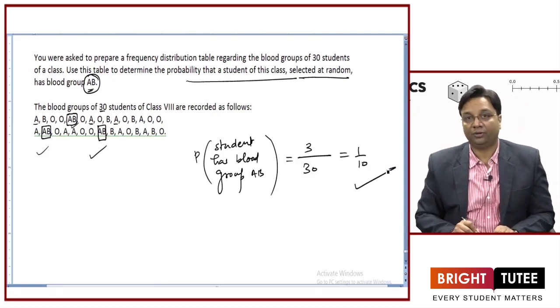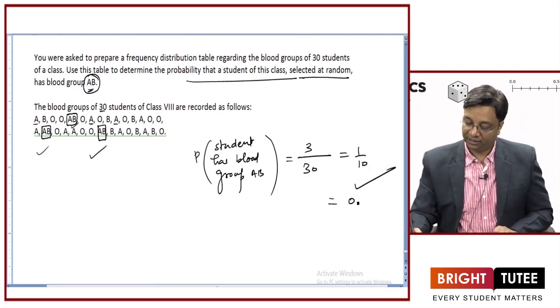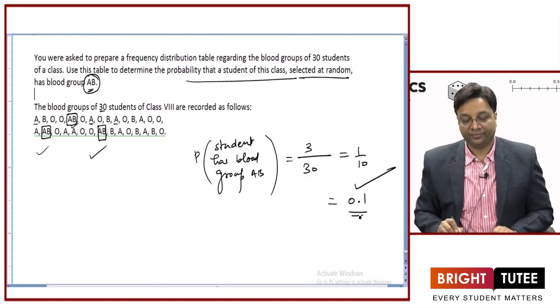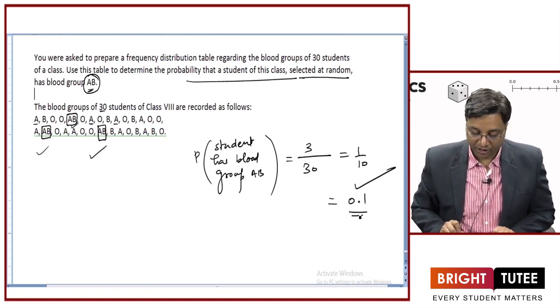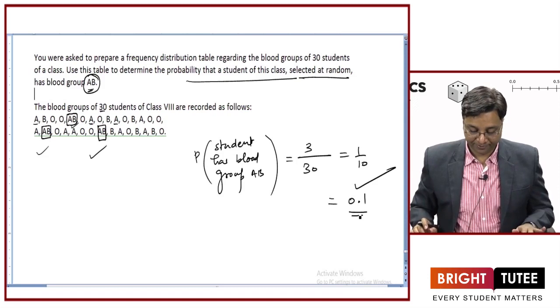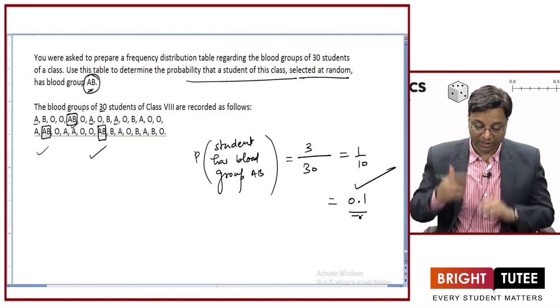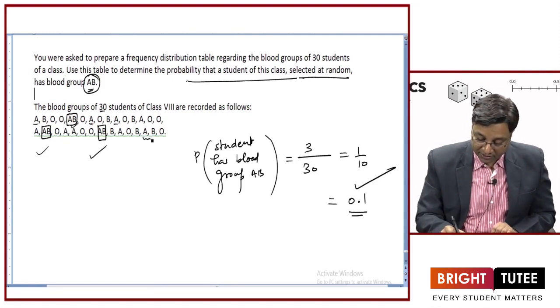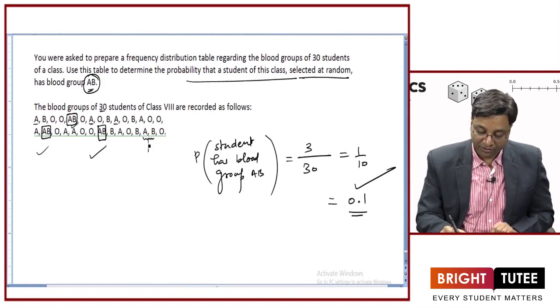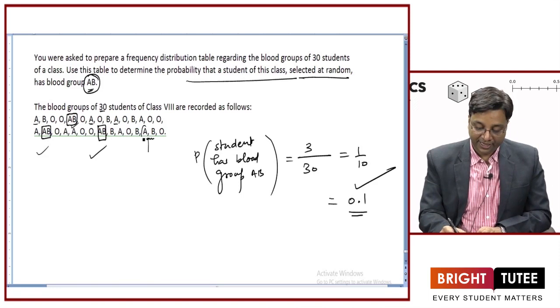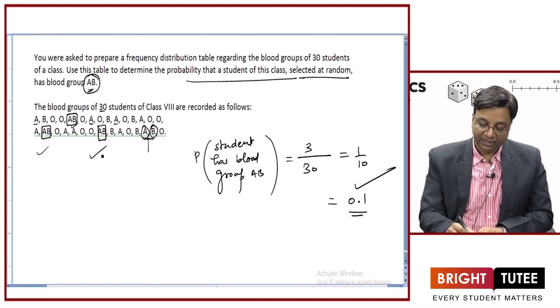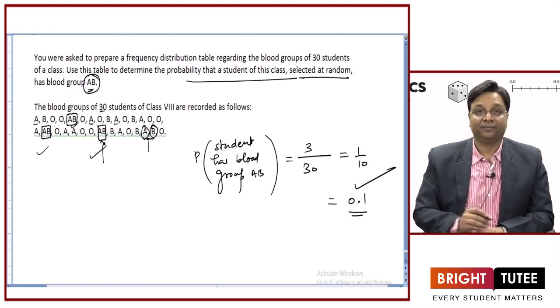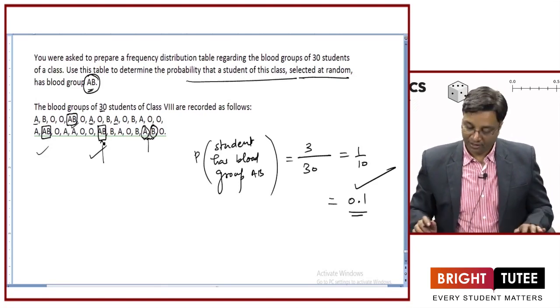This is the probability. Okay, you can write it in decimal form as 0.1. Right? So this is how you will answer this question. And you should consciously avoid confusing this AB because there is a comma between them, right? This is blood group A, this is blood group B, this is blood group AB, right?